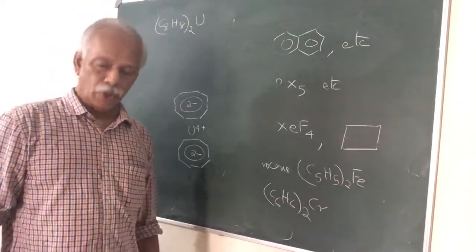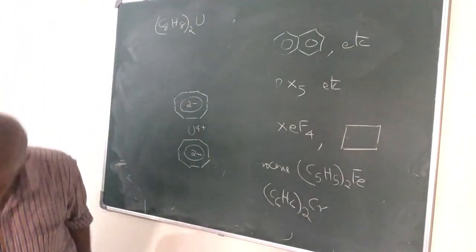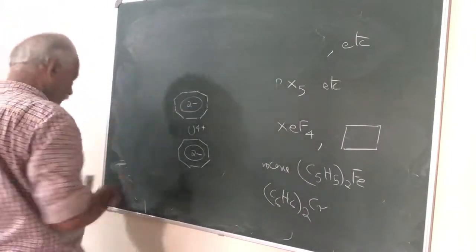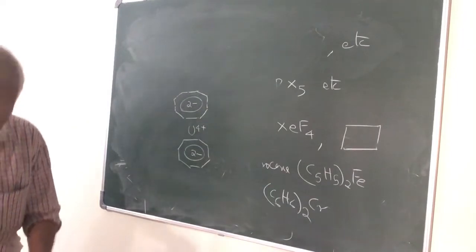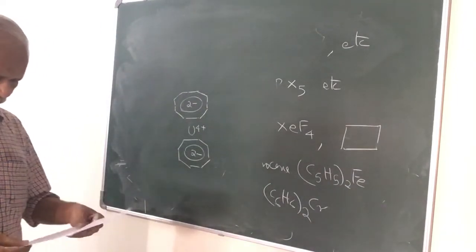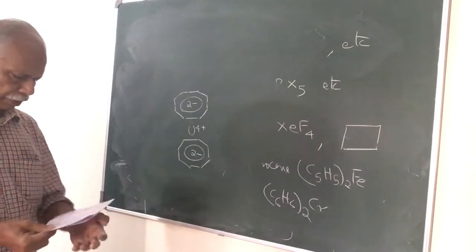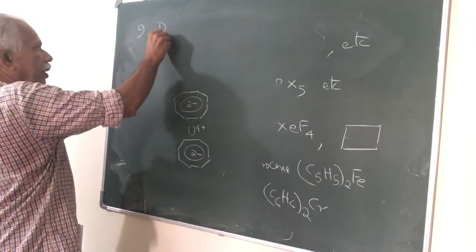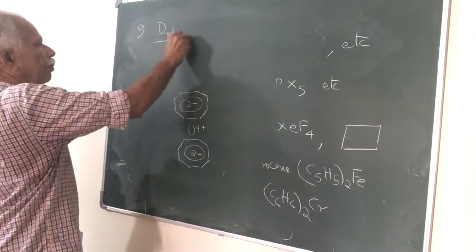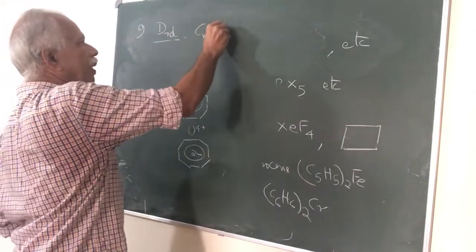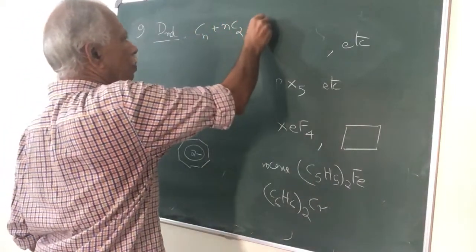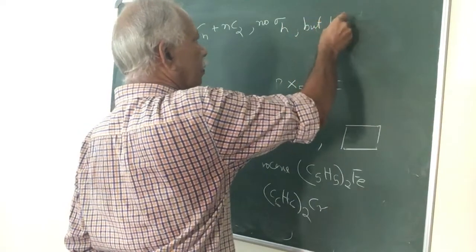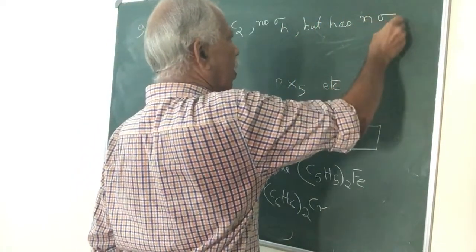Then the Dnd group. In Dnd group, being dihedral, the number now comes to 9. Ninth type, Dnd. Cn plus nC2, no sigma h, but has n sigma d's.